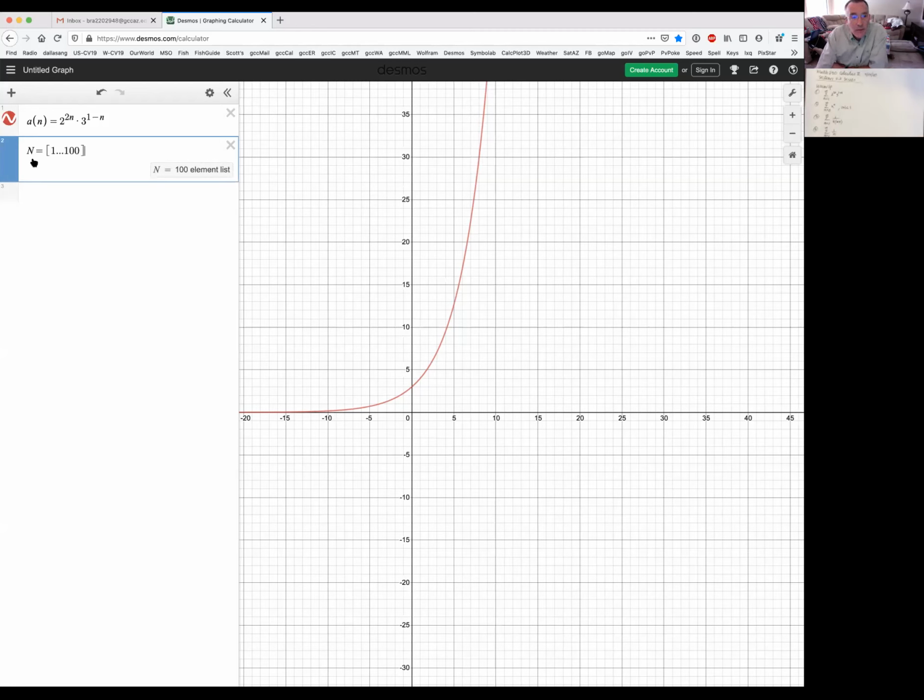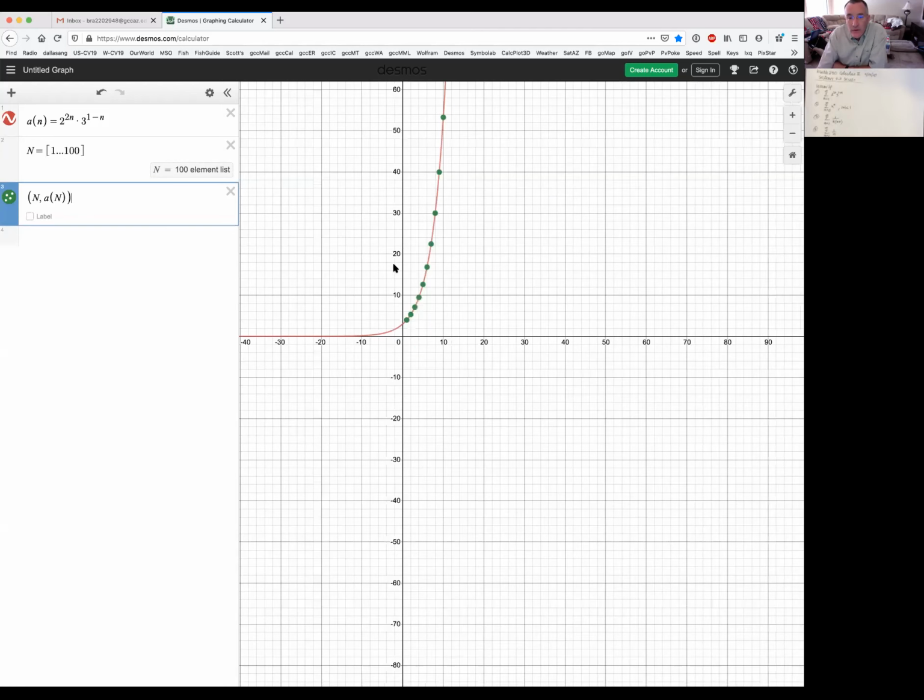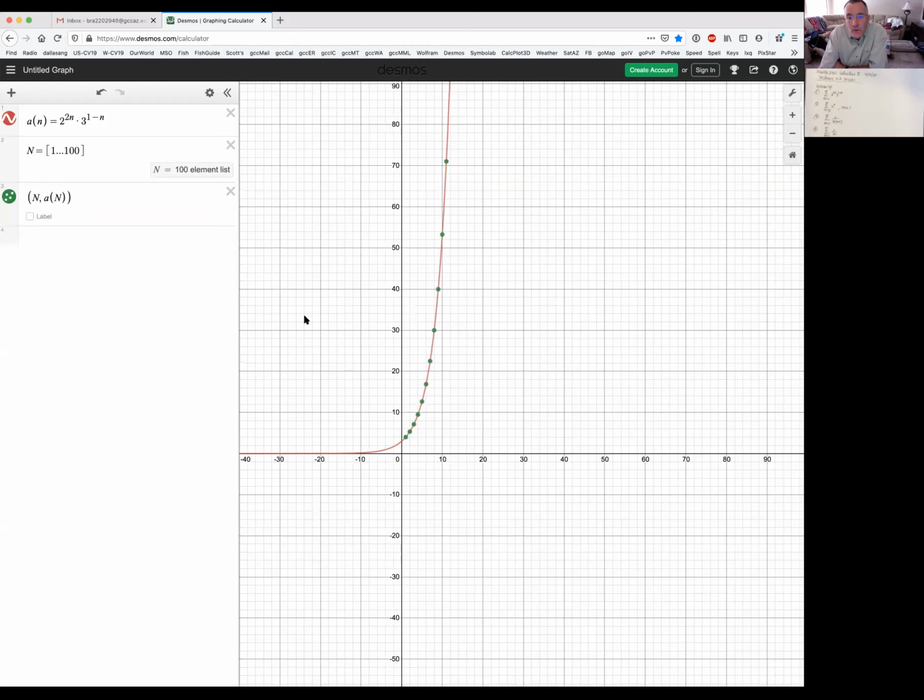So we would stick in the first 100 numbers into a sub n, and we would look at where they go. Of course, there's the dots. So it looks to me like these are getting bigger and bigger, which means the terms themselves are getting bigger and bigger. So it sounds to me like it's going to diverge.